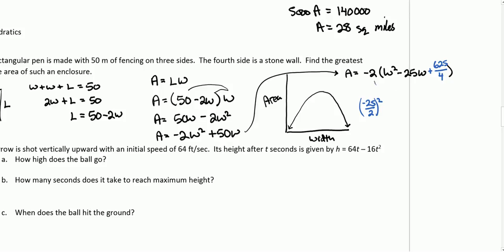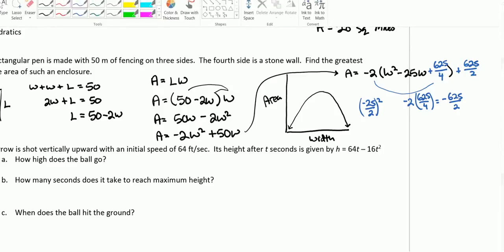This really has a value of negative 2 times this value. So negative 2 times 625 over 4 is going to be negative 625 over 2. So that's what I'm going to add: 625 over 2.